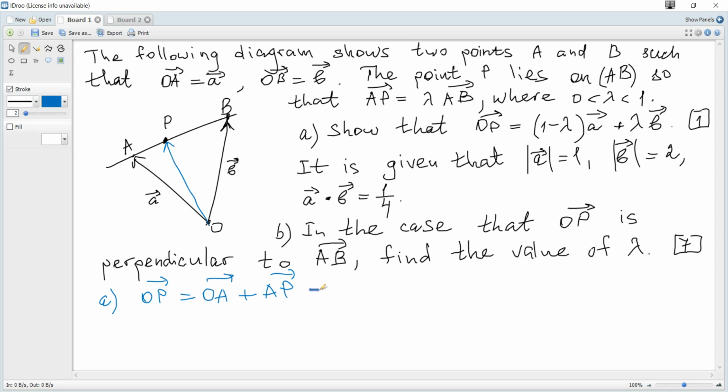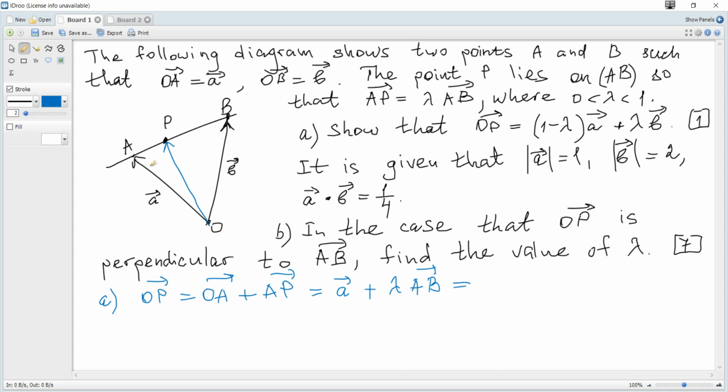And OA is a, and AP is lambda AB. But vector AB is directly the difference b minus a, or you may use the triangle rule for the sum again.